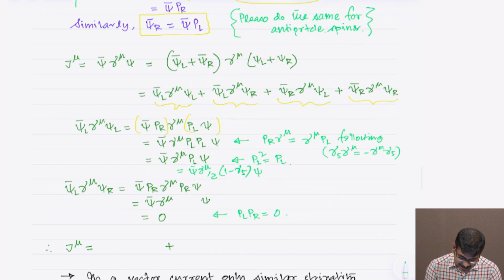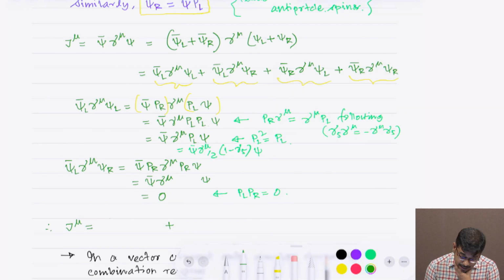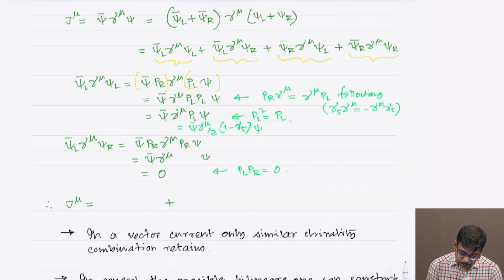So that is interesting. Similarly, if you now want to do this exercise for psi L bar gamma mu psi R, from this definition we know that this becomes psi bar PR gamma mu, and this psi R is PR psi, and then PR can be brought to the other side of gamma mu and it becomes PL from the anti-commutation.